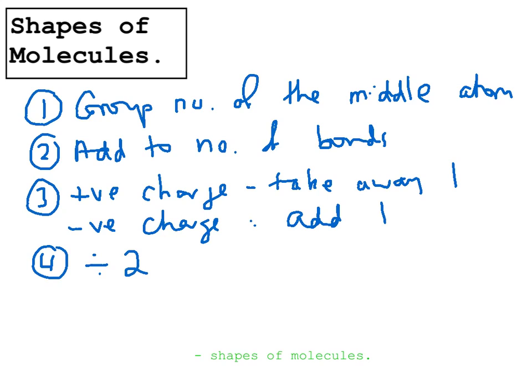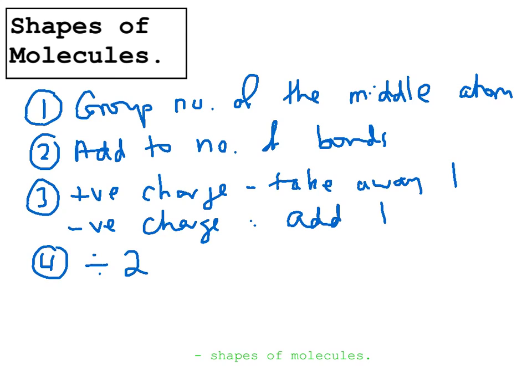Once you've done that, that will tell you how many electron pairs there are. To work out how many bonding pairs there are, that's just the number of bonds there are in the molecule. And to work out how many lone pairs there are, that's how many electron pairs there are left.